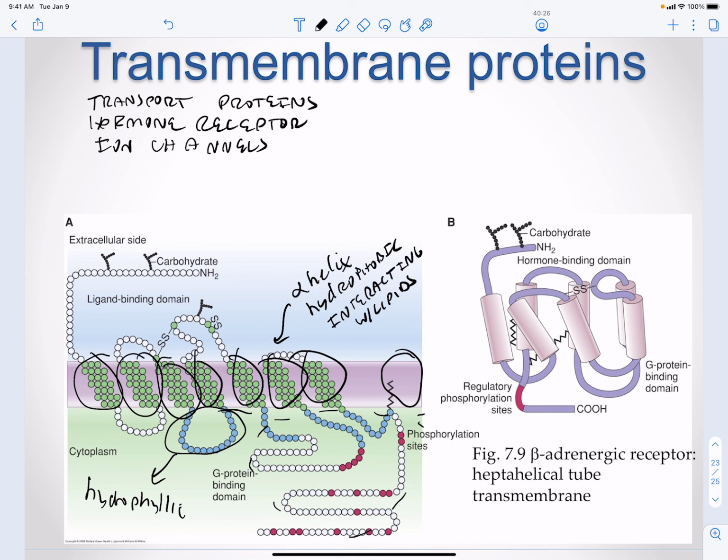And so you're also going to have post-translational modification of some of these. You can have sugars added, which are carbohydrates shown here. So this will be post-translational modification.